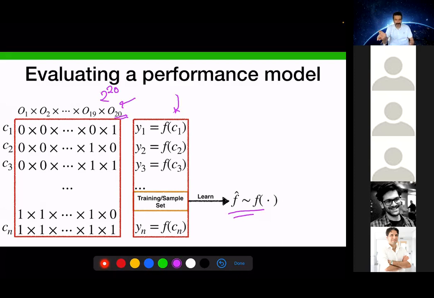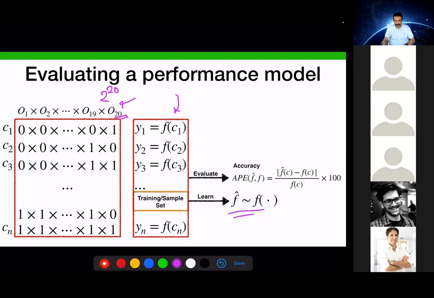Obviously, we can measure 2 to the power of 20 configurations if we have several months, and this is what we did for some of the experiments, but it takes several months. It does not take several years, several months. You can do it. But for some larger configuration spaces, it may take even beyond 100 years.